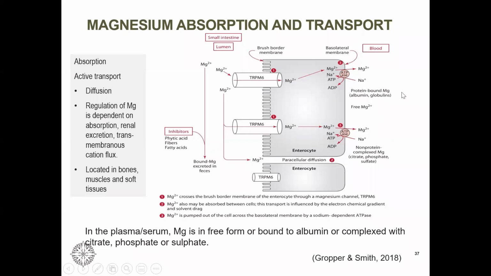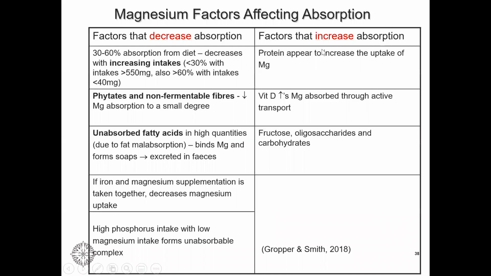When in the blood, magnesium moves around bound to albumin or globulins. It can move around freely as well, and sometimes it is bound to citrate, phosphate, or sulfate. So quite similar to calcium.